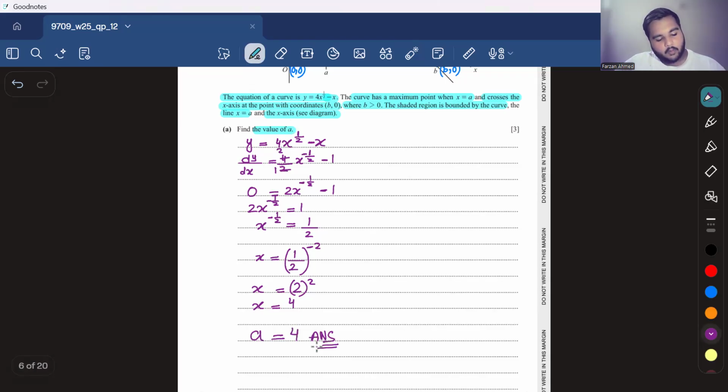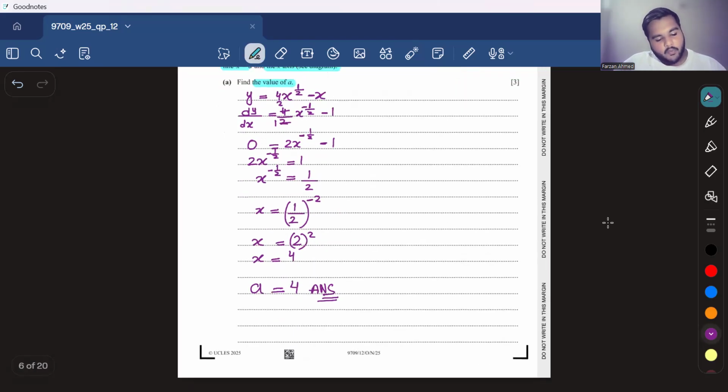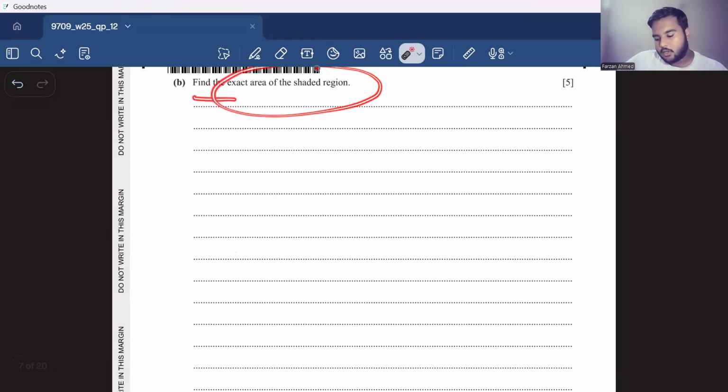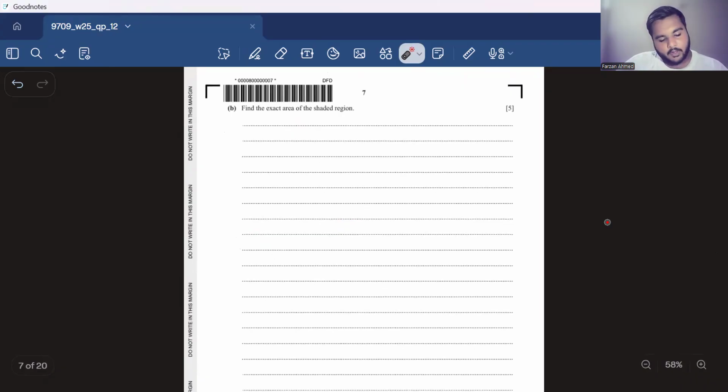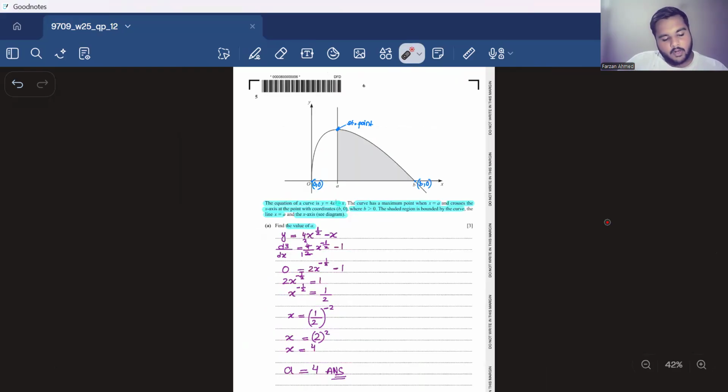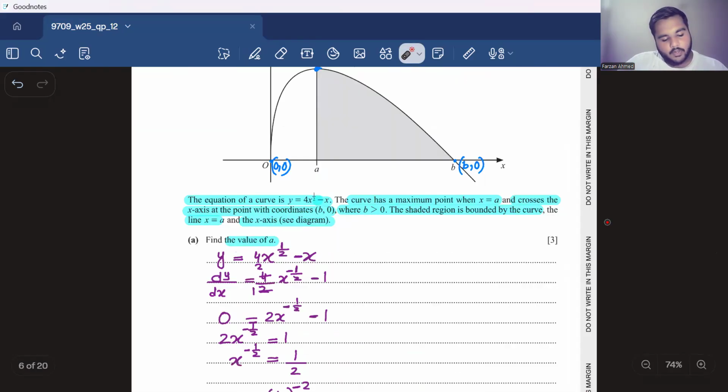Okay, now moving to part B. In part B, they are saying find the exact area of the shaded region. So for this, we have to find the area of this shaded region. For this, we will do the integration of this equation.